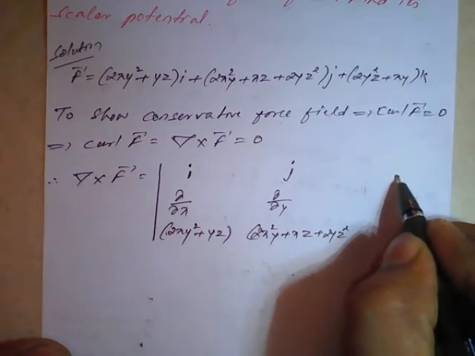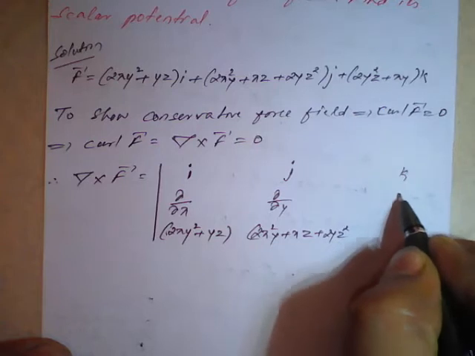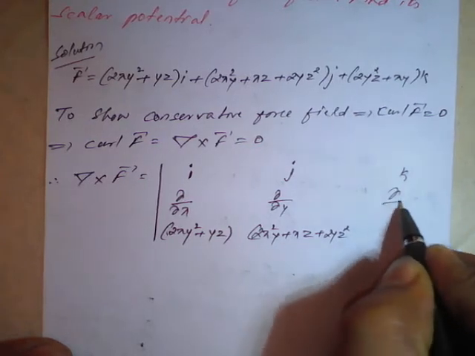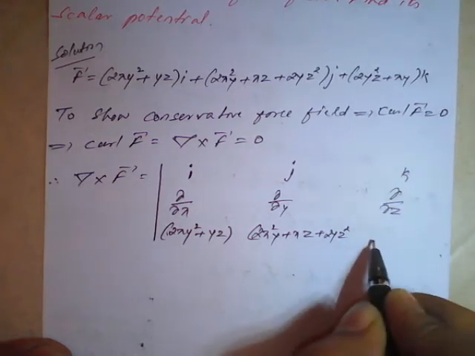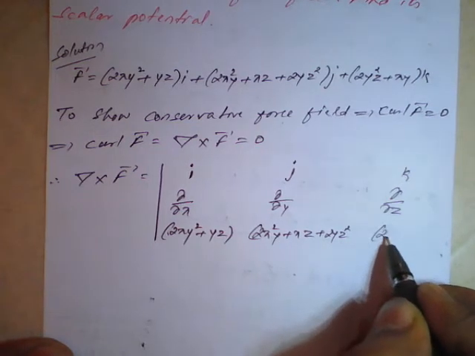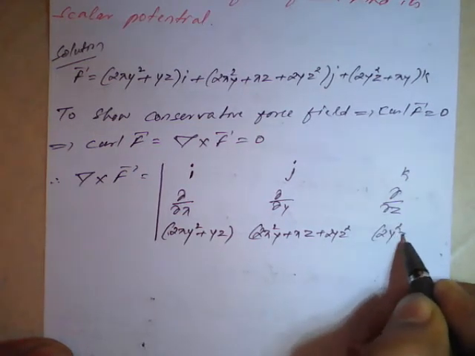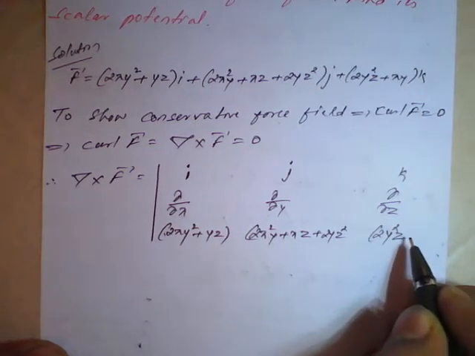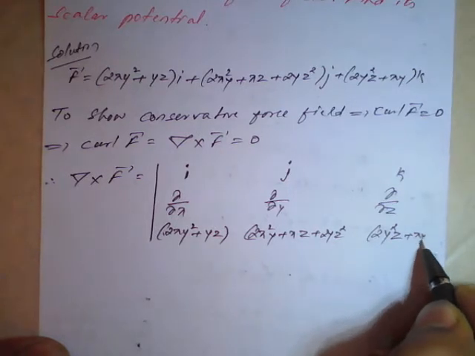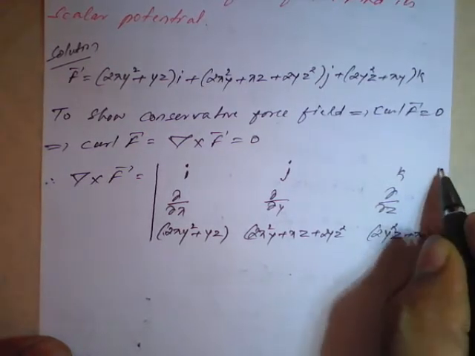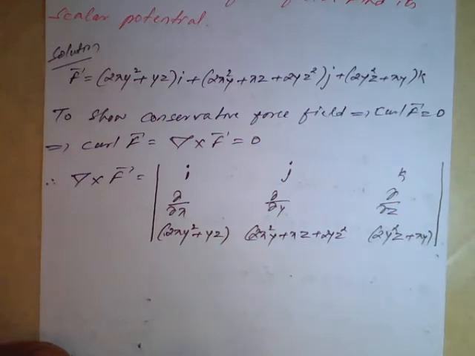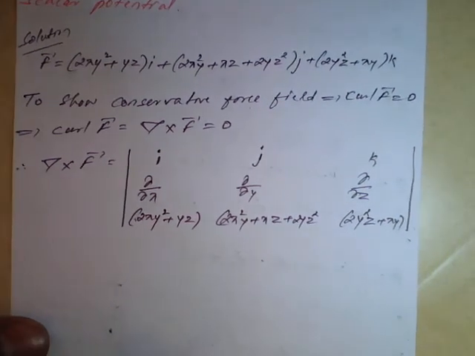Similarly, coefficient of k, dou by dou z, and here the bracket 2y²z + xy.